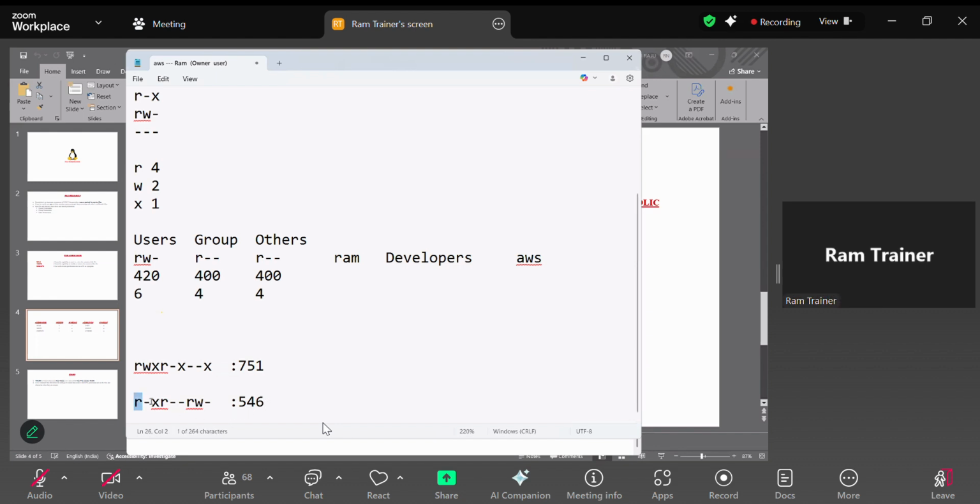Because the first three values are read and execute, that means 4 plus 1, which is 5. The next three bits are only read, read means 4 only, that's why 4. And the last three bits, read write only, read write means 4 plus 2, which is 6.